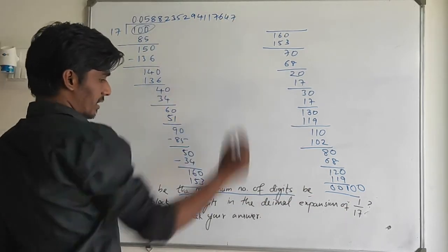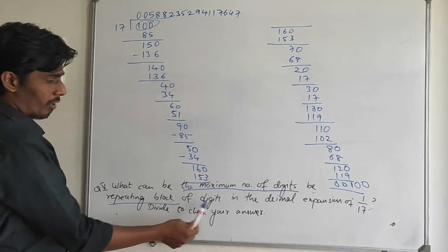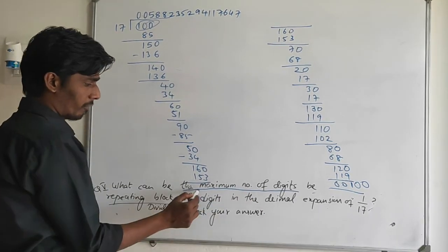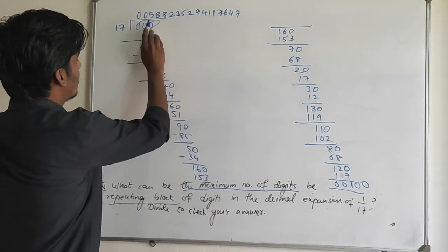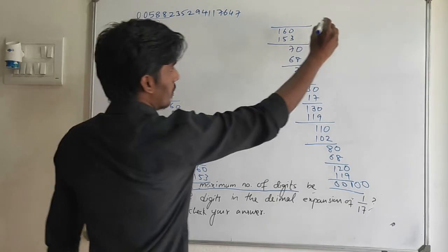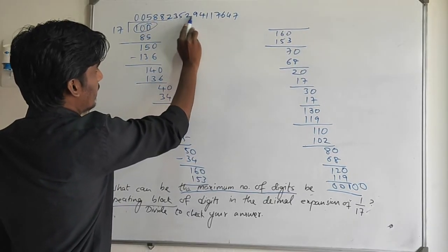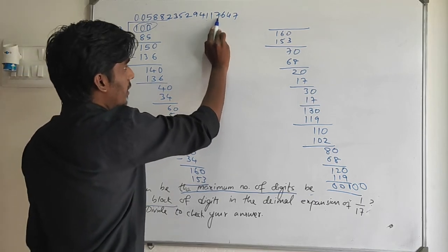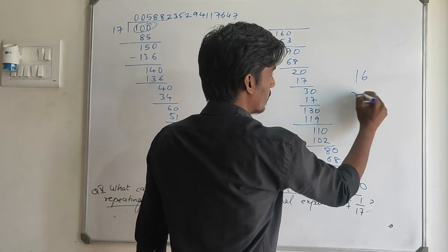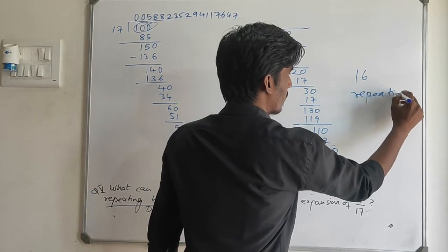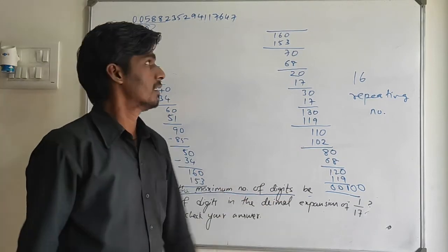So what is the question here? How many digits are in the repeating block of the decimal expansion? We have to find the maximum number of digits repeating here. So count the digits: 1, 2, 3, 4, 5, 6, 7, 8, 9, 10, 11, 12, 13, 14, 15, 16. So there are 16 repeating digits while dividing 1 upon 17.